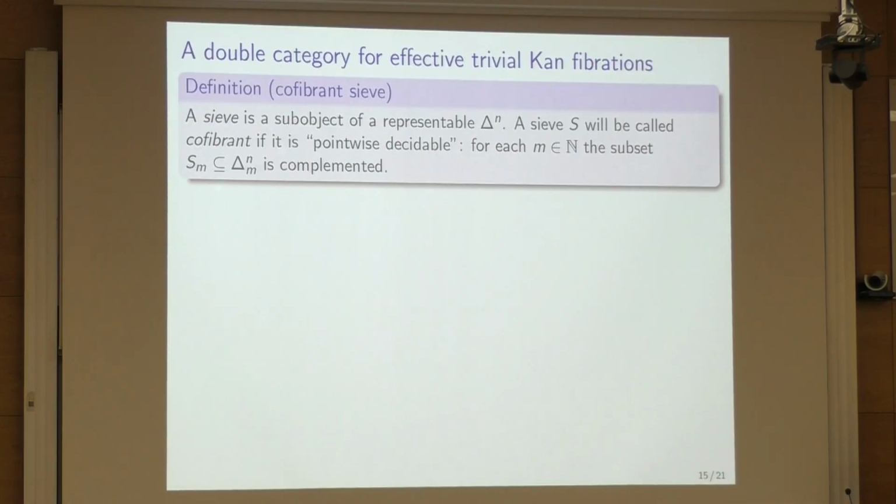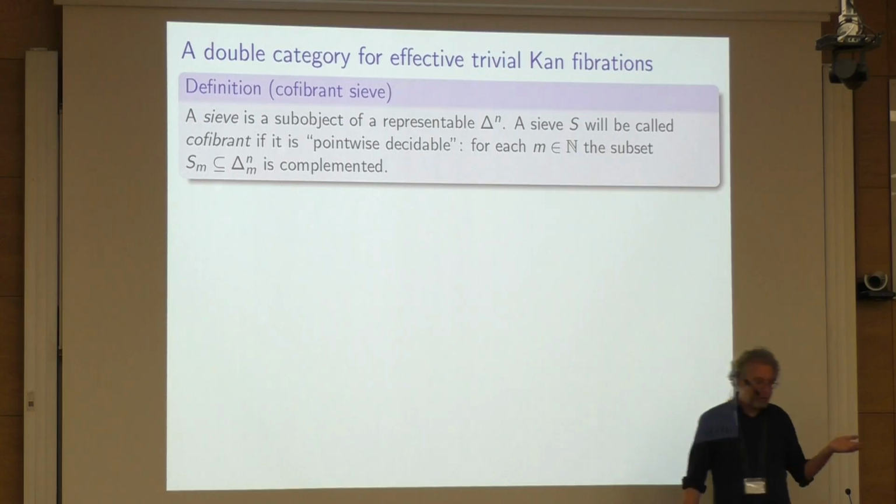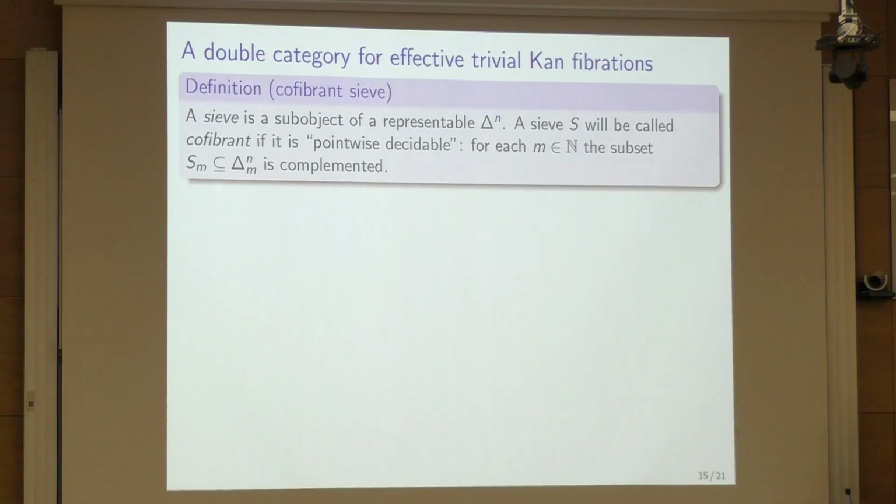Okay. So let's start by constructing the effective trivial cofibrations. They usually have the right lifting property against all monos, or you could say inclusions of sieves into representables. Now there's a constructive nuance here.